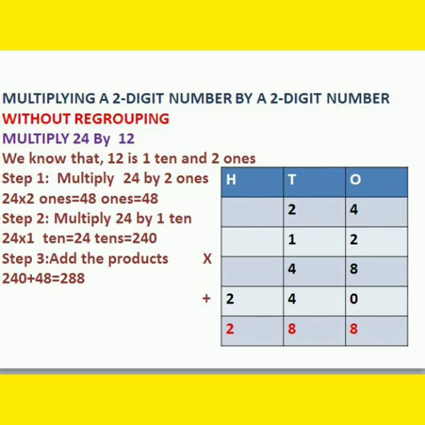That is 24 into 1 ten equal to 24 tens, equal to 240. Next, add the products 240 plus 48, which gives 288. So when 24 is multiplied by 12, we are getting 288 as the product.